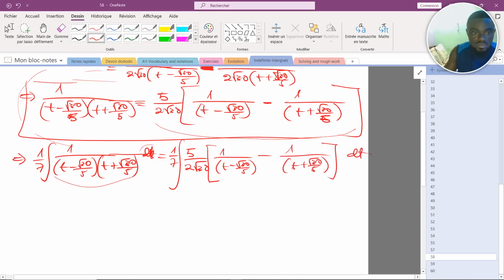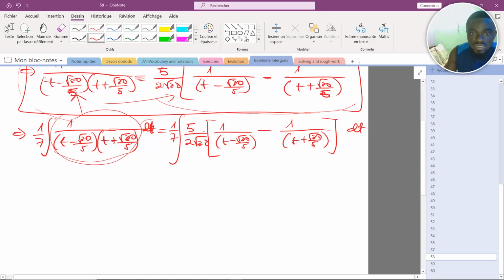So that's it. Is that okay? The whole of this, we expressed in partial fraction as this. So that's why I substituted by this. Is that okay?